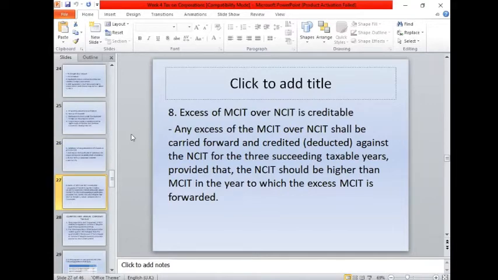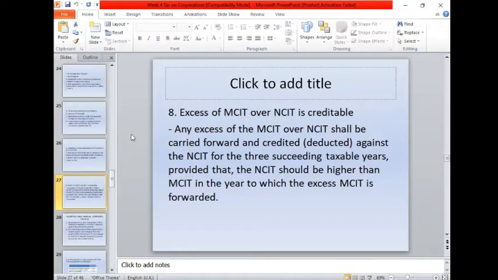And of course, if there's an excess of the minimum corporate income tax over the normal corporate income tax, this is creditable, because any excess of the minimum corporate income tax over the normal corporate income tax shall be carried forward and credited, or deducted against the normal corporate income tax for the 3 succeeding taxable years, provided that the normal corporate income tax is higher than the minimum corporate income tax.